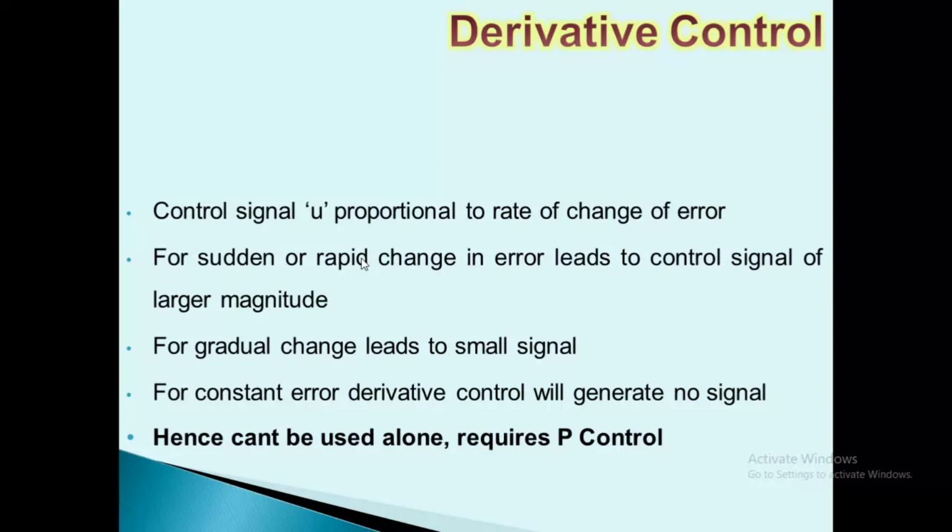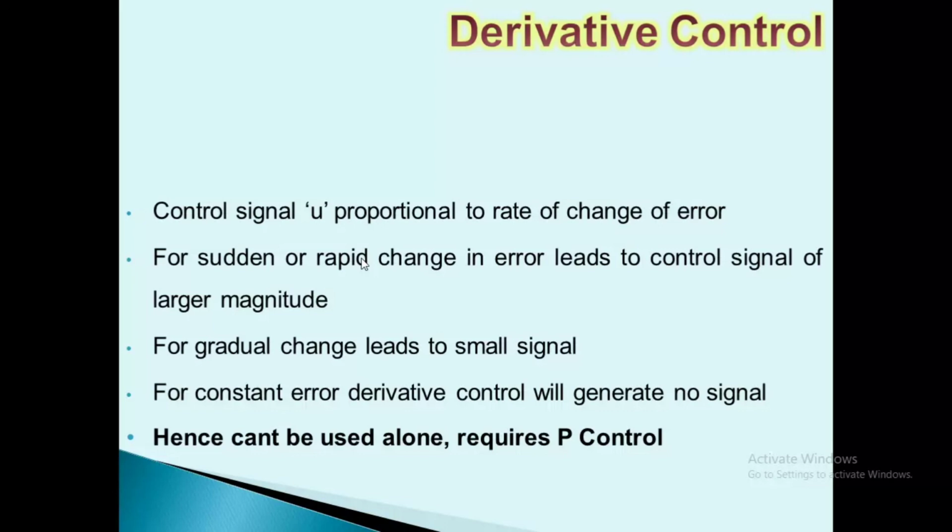This question is always asked in competitive exams, and in academics too, for orals, practicals, and theory examinations: why derivative control cannot be used alone? Because for constant error, derivative control will generate no signal, which means there is zero action.